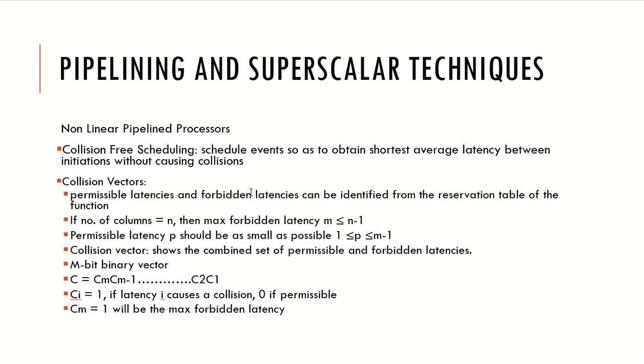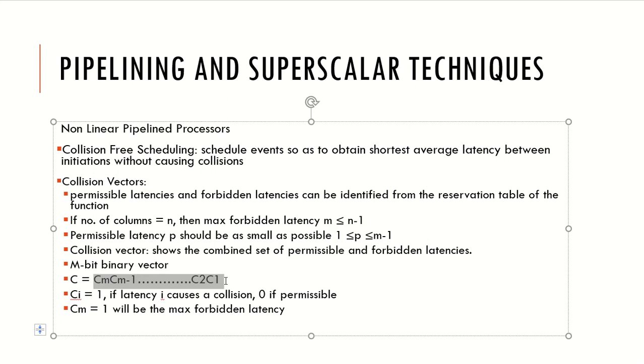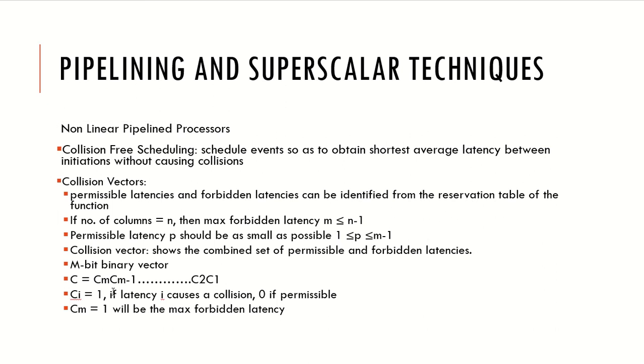The collision vector, as I said before, will indicate both permissible and forbidden latencies, and it will normally be a binary vector, which means it will have either of two values, 0 or 1. A collision vector of m bits will have this kind of representation, where Cm stands for the maximum bit and C1 is the minimum, or the least significant bit.